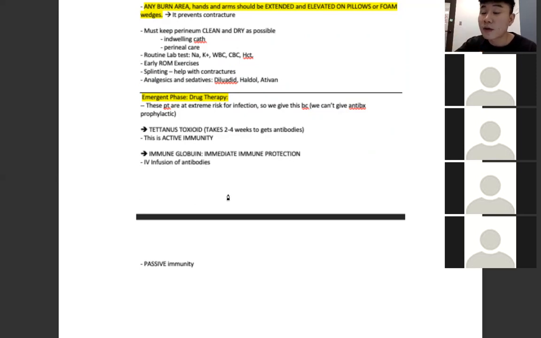So instead of giving the patient antibiotic prophylactically, which can result in superinfection, there are 2 methods that the hospital can provide for these burn patients: give them a tetanus toxoid shot or give them a shot full of immunoglobulin. If they give them a tetanus toxoid, it takes 2 to 4 weeks to get the antibody, and this is active immunity.